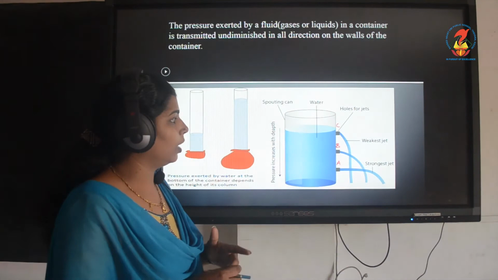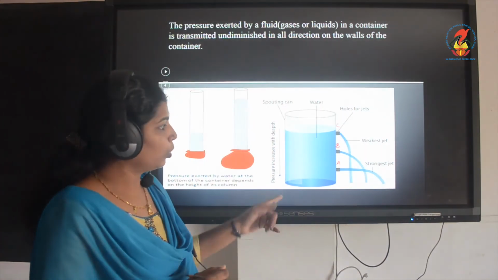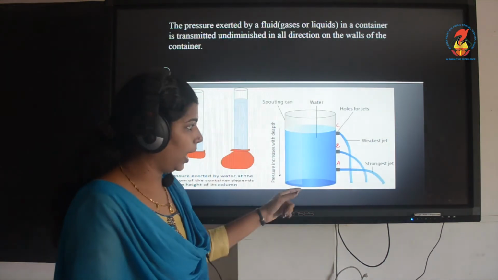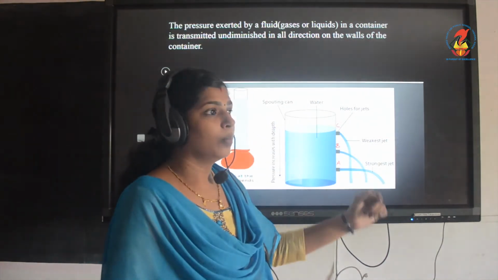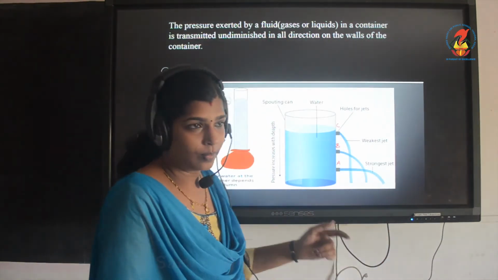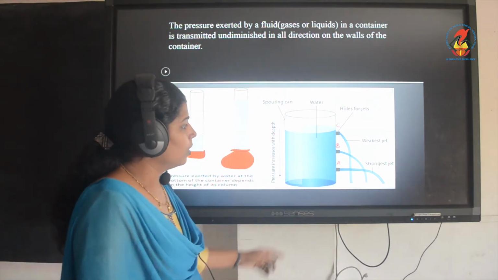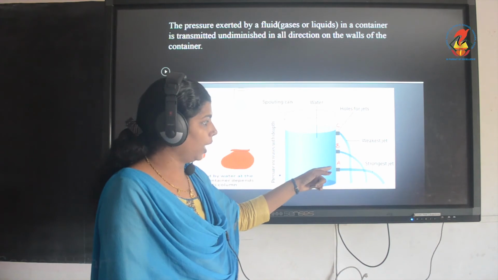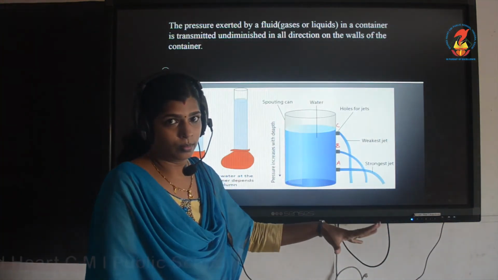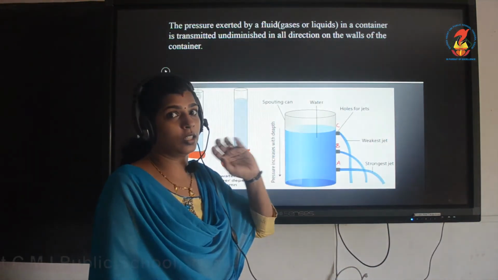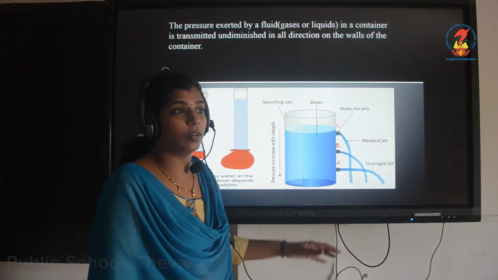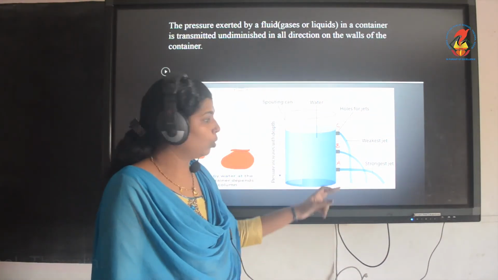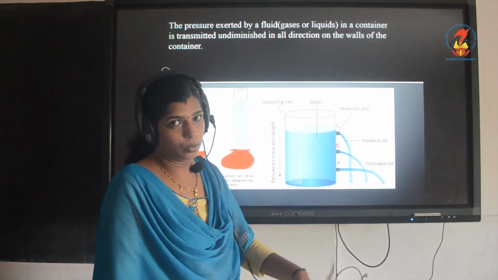You can see in the diagram itself, the distance moved by the water from this hole A is more. Strongest jet will be there from the hole A. Means the force of the water through this hole will be more.